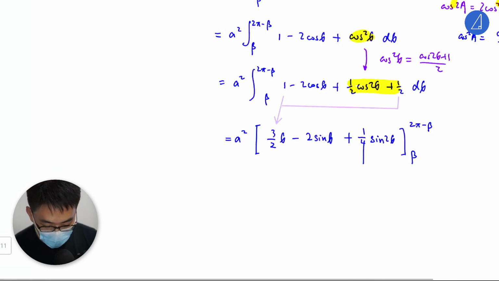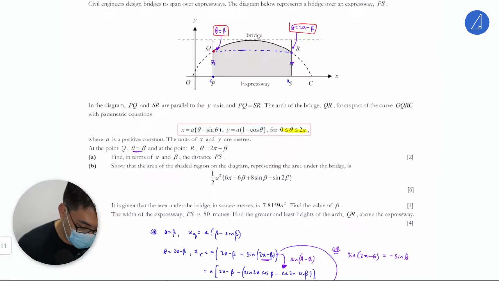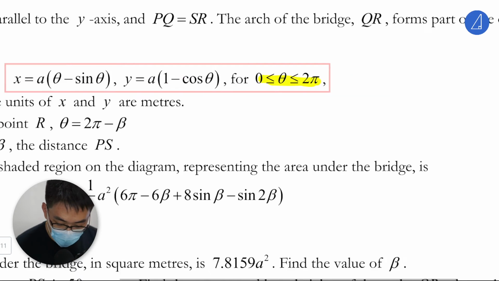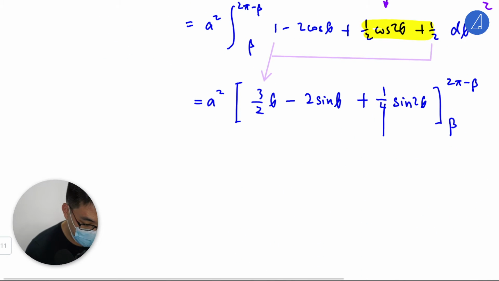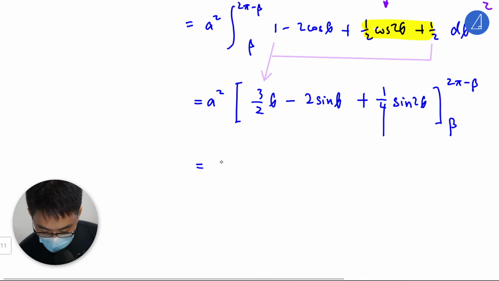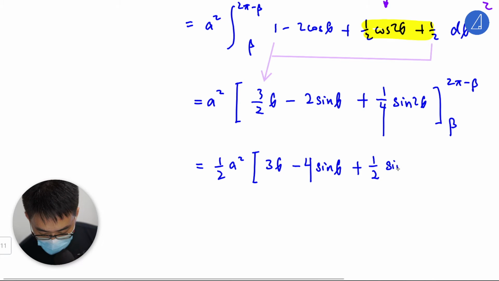But what I'm going to do is, because there's a half in front, I'm going to just factorize a half out. That will be here, half, 3 theta. Then I minus off.